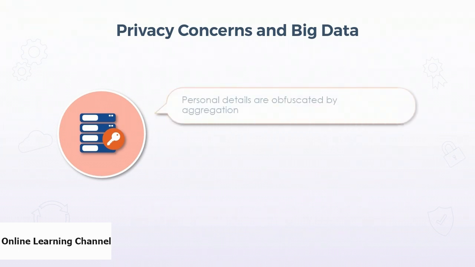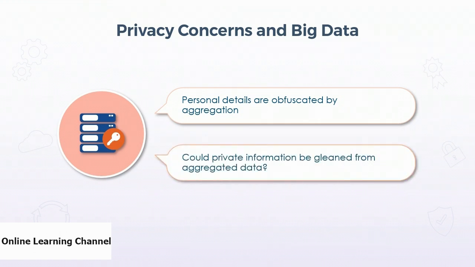Well, one method of dealing with personal details in data is through obfuscation by aggregation. For example, imagine looking at diabetes data and getting useful information like how many people under 50 have diabetes. You can still determine a lot of information from that data set through aggregation, but you remove a lot of the specifics. But could private information still be gleaned from aggregate data?